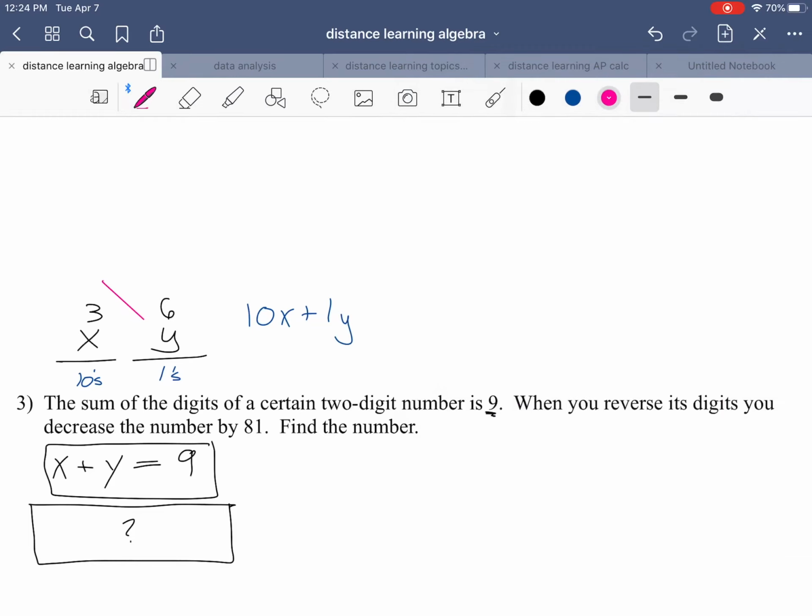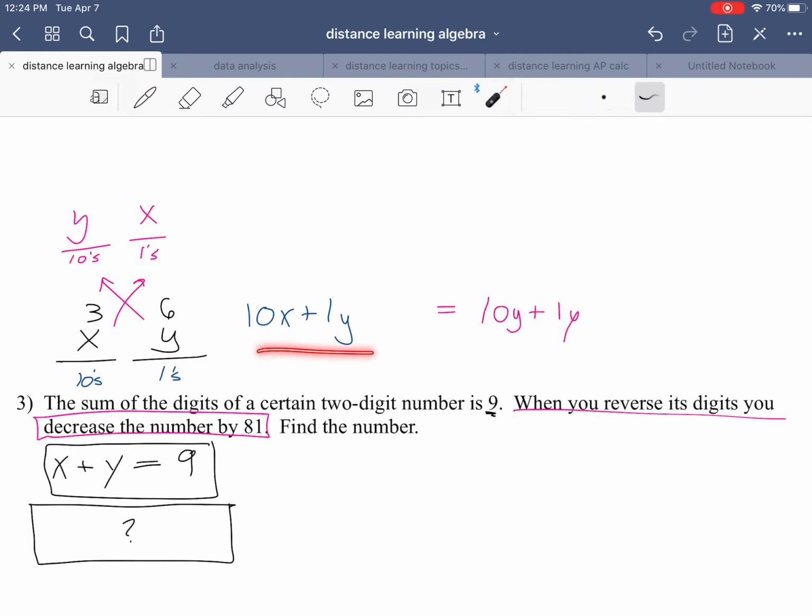But we also are going to reverse the digits, and if I reverse the digits, now the y is in the tens place, and the x is in the ones place. Okay, and it forms some sort of relationship. So I know that there's a relationship between the value of the original number and the value if I switch the digits.